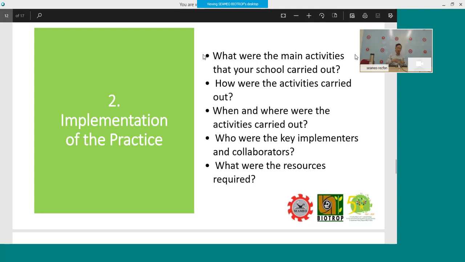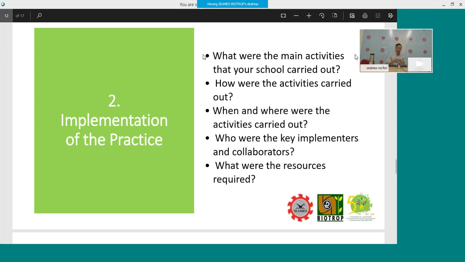For the composting, you don't have much requirement, you just have to identify a small place in the school where you can put the dried leaves or the food waste or the garden waste all together in one area, so they will decompose naturally, or you can apply some decomposing materials.